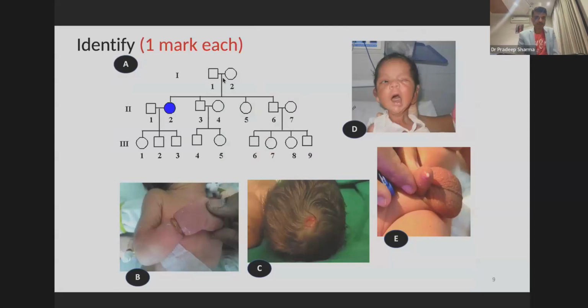So what is the type of inheritance here in A? First generation, all well. Third generation, all well. Only one person, a female, was affected in the second generation.